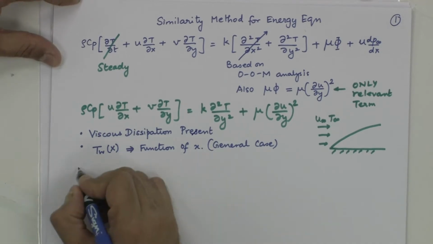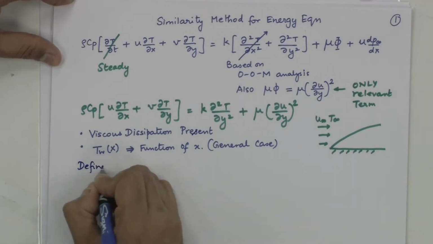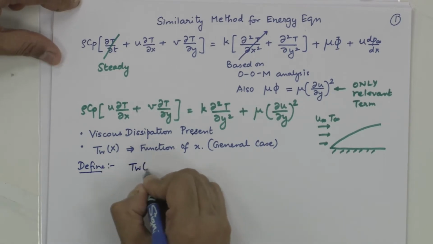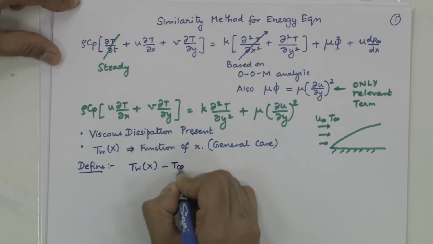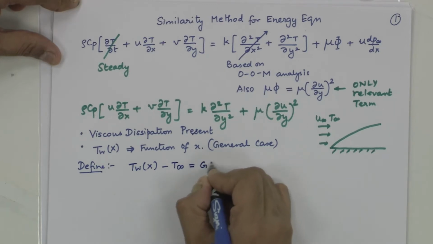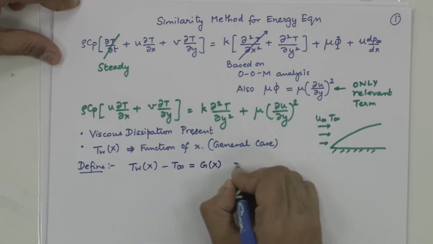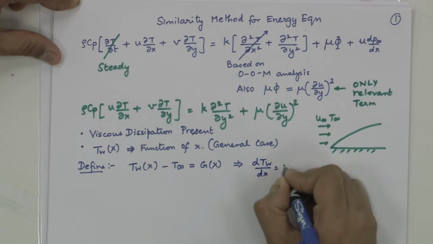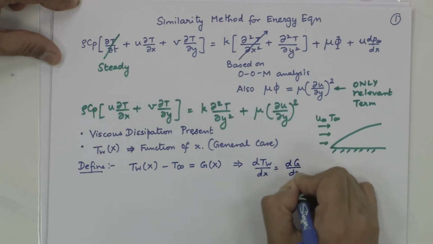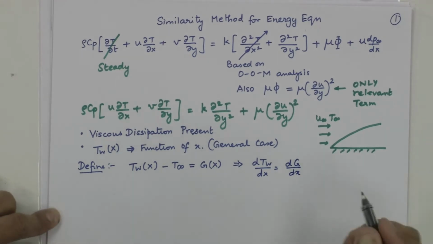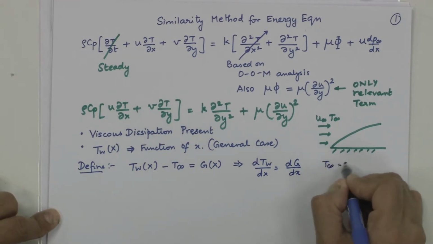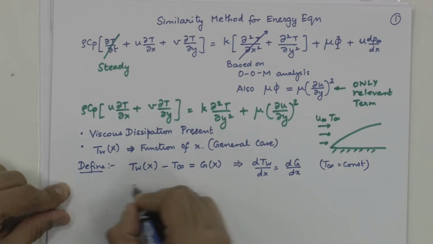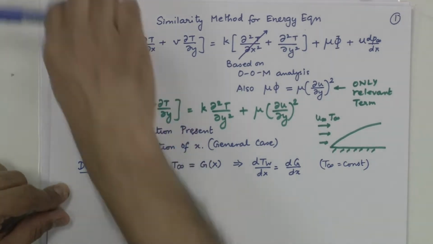So let us define the following. Let us define Tw of x minus T infinity is equal to some g of x. Therefore dTw/dx is equal to dg/dx, because T infinity is constant. Okay, let us define the first quantity.